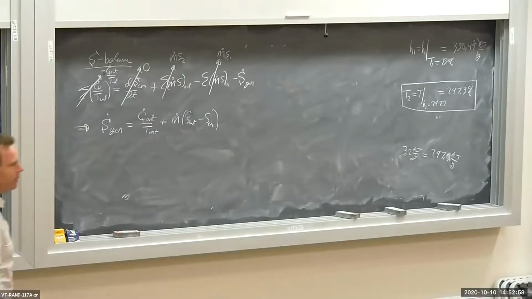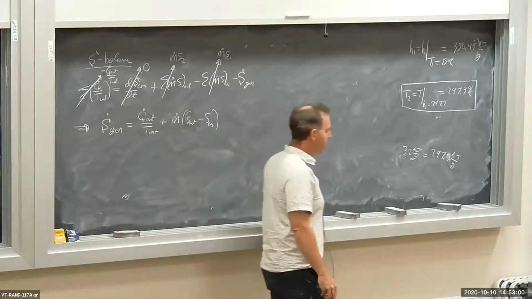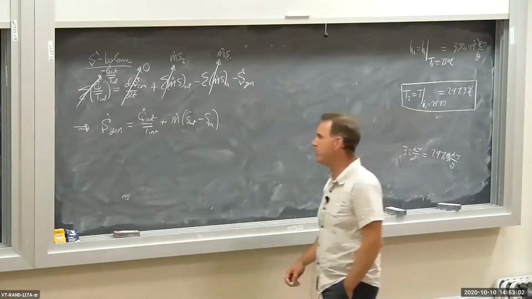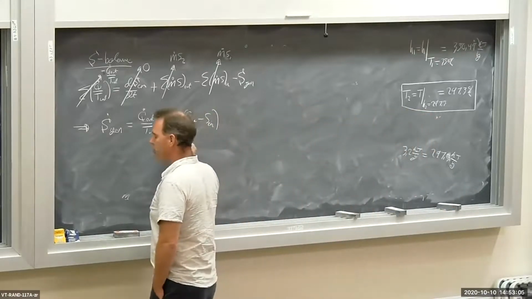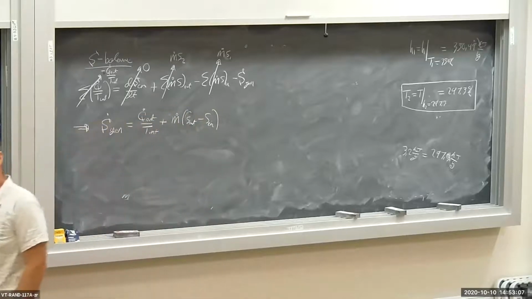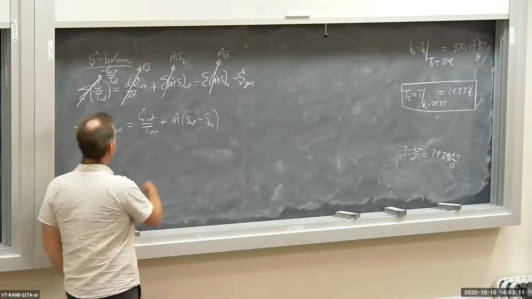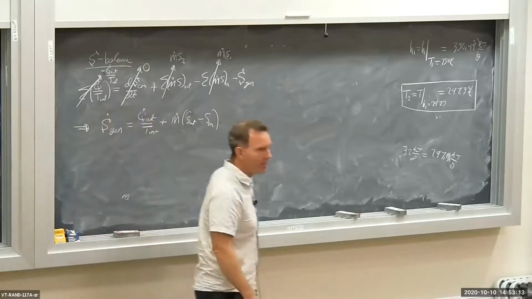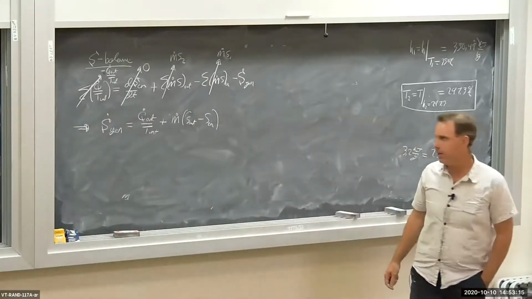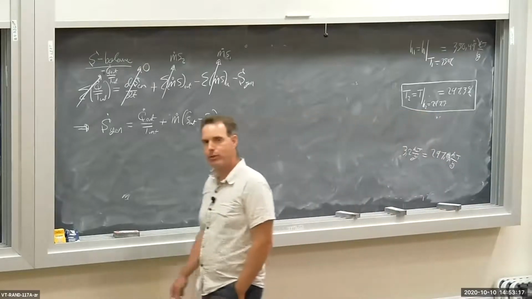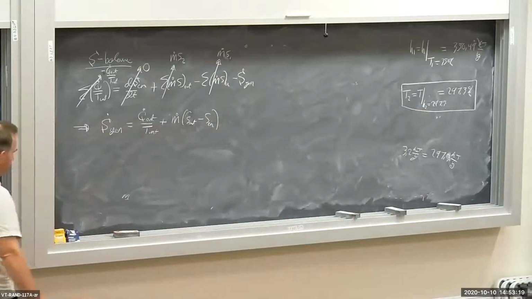So what is this telling me in words? This tells me that the rate of entropy generation is equal to the difference in outflow versus inflow entropy plus the outflow of entropy due to the heat interaction. That's what this equation is saying, okay?